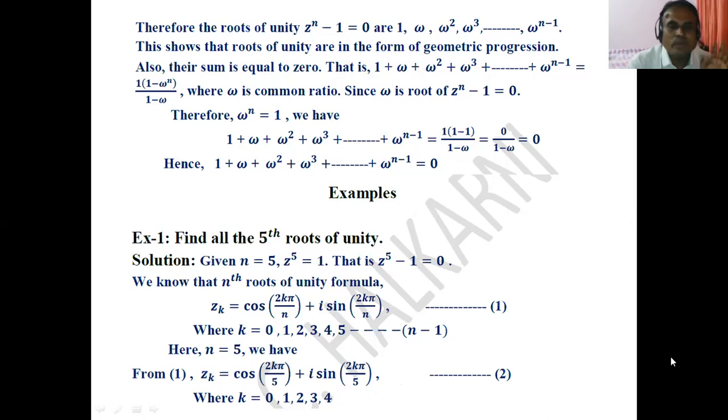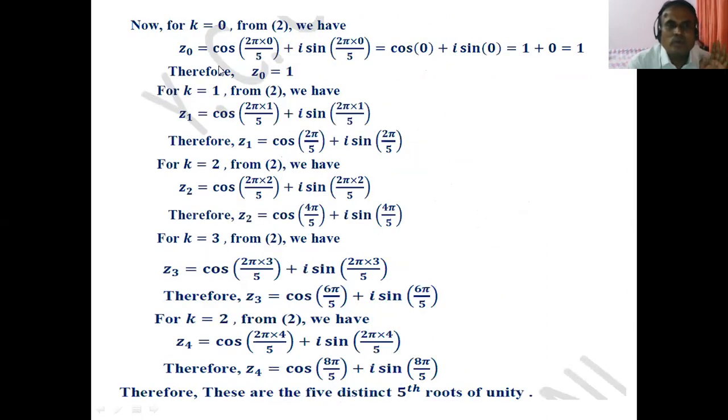Putting k equal to 0 in equation 2, z0 equal to cos of 2 pi into 0 upon 5 plus i sin 2 pi into 0 upon 5, so cos 0 plus i sin 0. We know cos 0 is 1 and sin 0 is 0, so z0 is equal to 1. So the first root is z0 equal to 1.